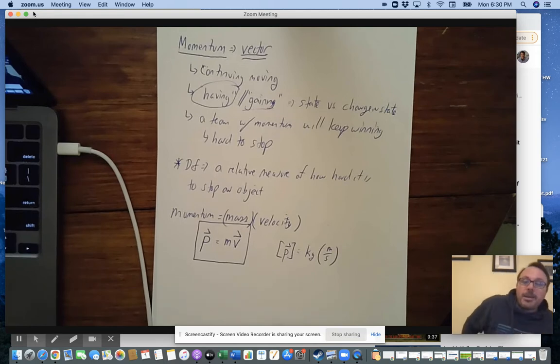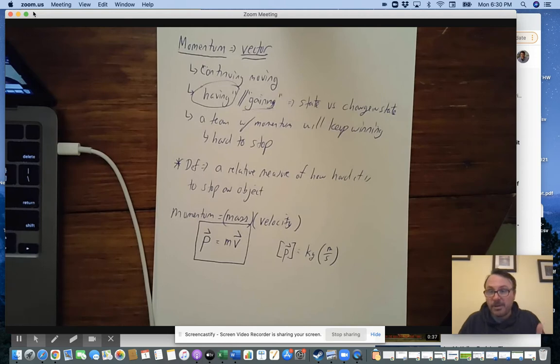So from here, let's think about situations in which an object has a lot of momentum and situations in which an object doesn't have a lot of momentum. So stop the video for a second and jot down a situation where something has a lot of momentum, and a situation where it has a little bit of momentum. All right, generally the first time I ask that question, what most people say is airplanes have a lot of momentum, cars have a lot of momentum.